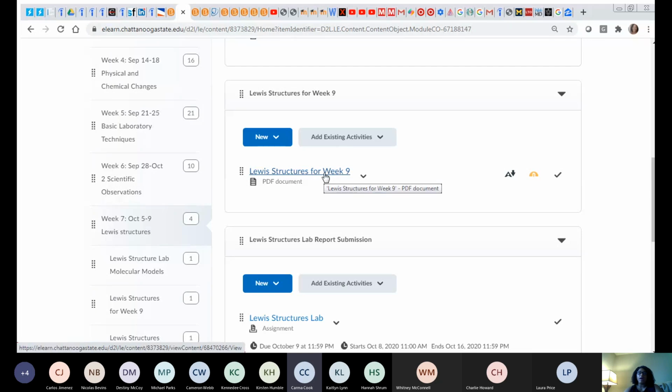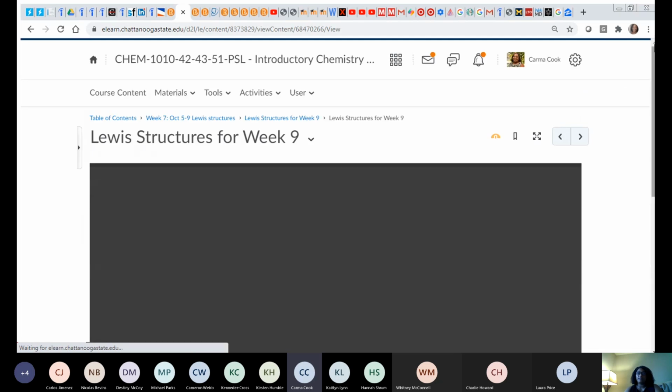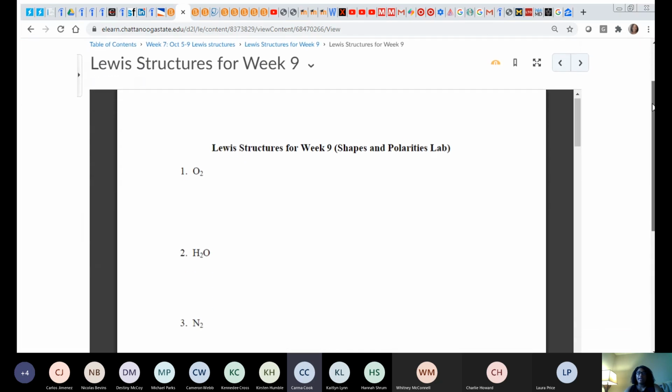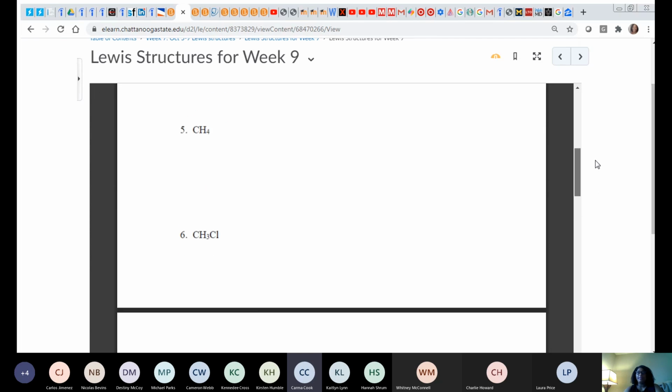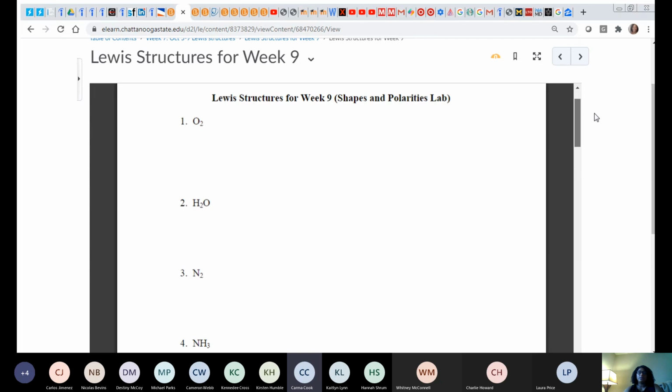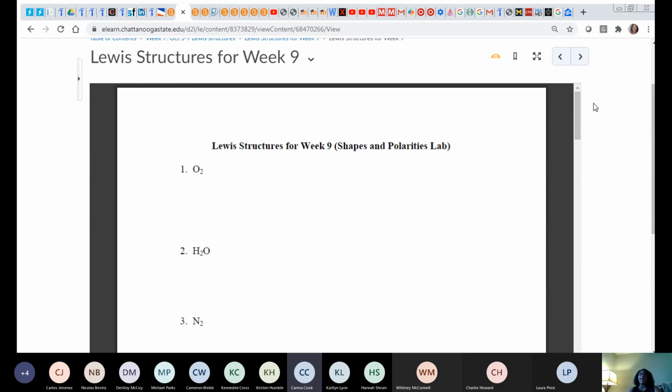So today I also want you to download the Lewis structures for week 9 document. And basically there are 17 molecular compounds shown here that you need to draw the Lewis structures for, and have these Lewis structures when you come to class during week 9.